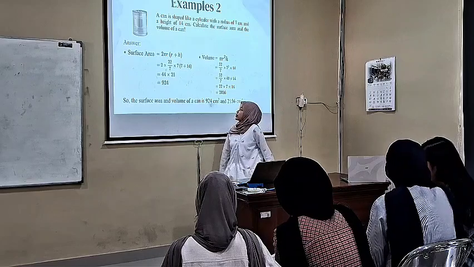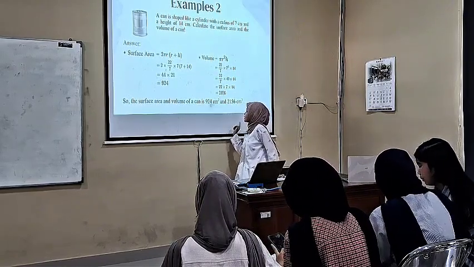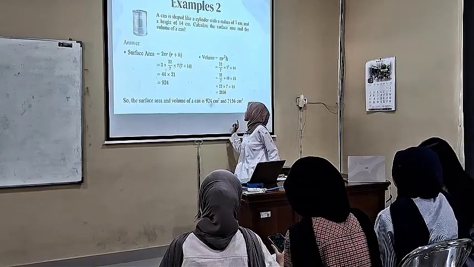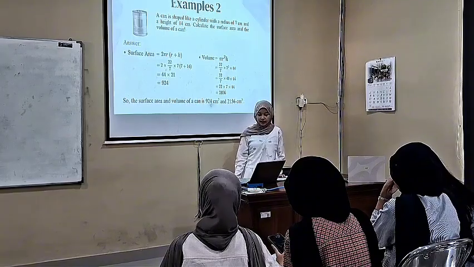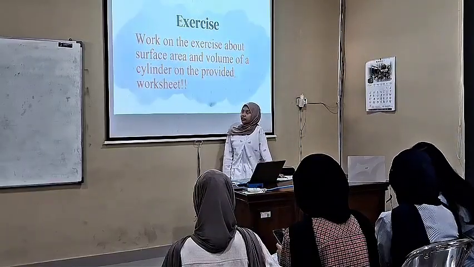So, the surface area and volume of the can is 924 square centimeters and 2156 cubic centimeters. Okay, now let's try the practice question.